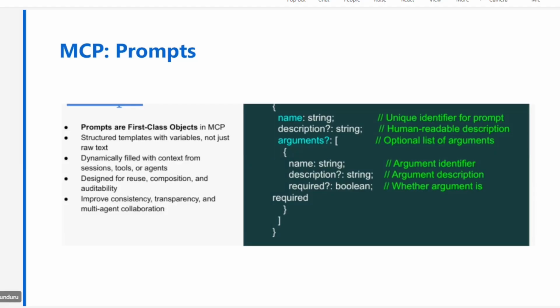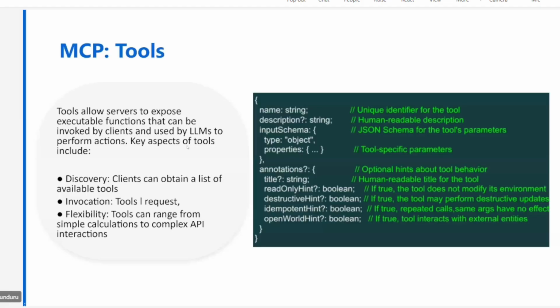So prompts are first-class objects, structured templates with variables, not just raw text.